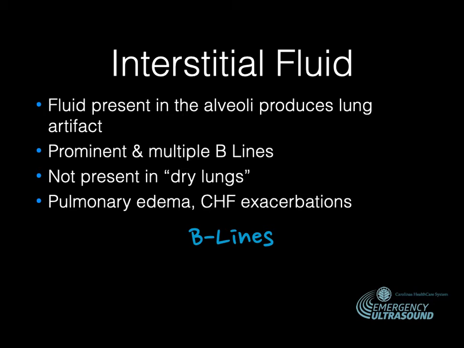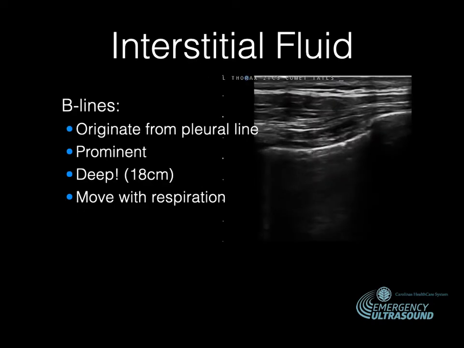We see B lines in pulmonary edema and CHF exacerbations. B lines originate from the pleural line. They are prominent, deep lines that go all the way down to 18 centimeters, almost like a lightsaber piercing vertically through the lung. B lines also move with respiration.